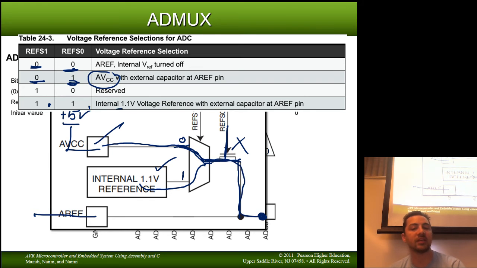And that's exactly what it says. The one thing it says is if you select 1 and 0, that would try to send the reference through, but wouldn't let it through. So it's just reserved. Don't do that one. Okay, because it doesn't make any sense to turn on the internal reference and not use it. So it just says it's reserved.